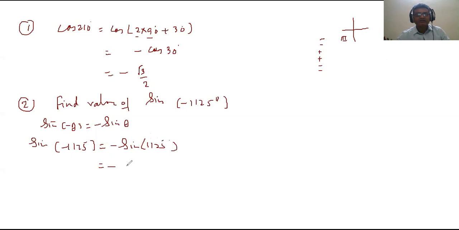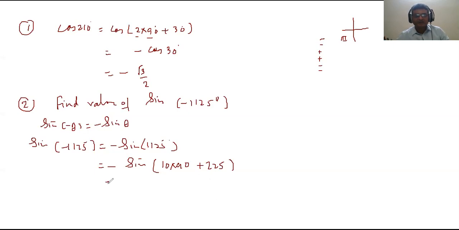Now we'll convert this in terms of 90. We are using 10 into 90, which is 900, plus 225.